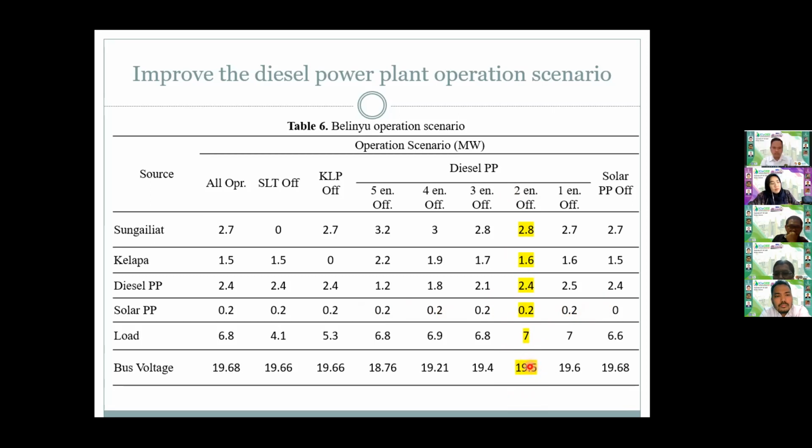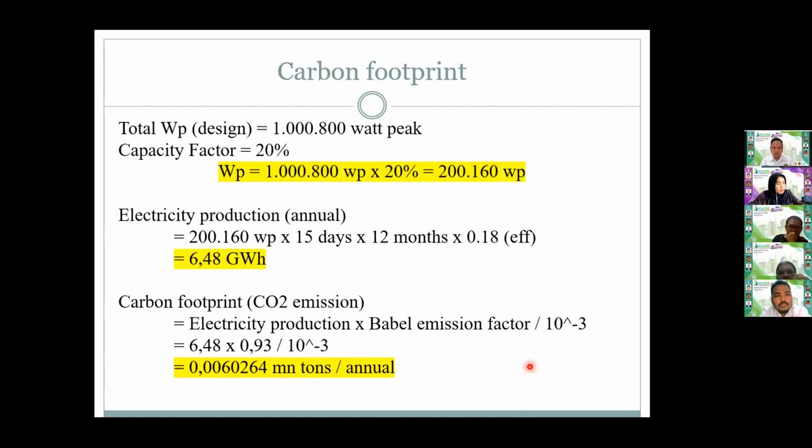Okay, this is the simple equation of carbon footprint. The total design is 1 megawatt peak. Capacity factor is approximately 20%, and watt peak is 200 kilowatt peak.